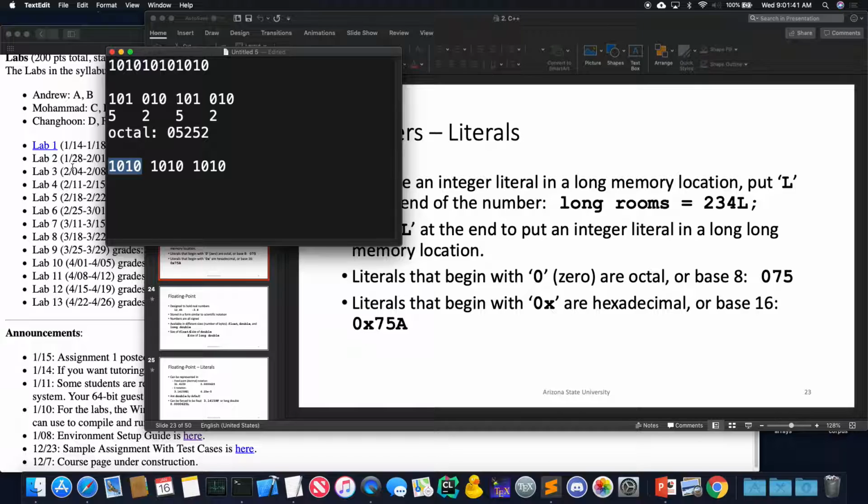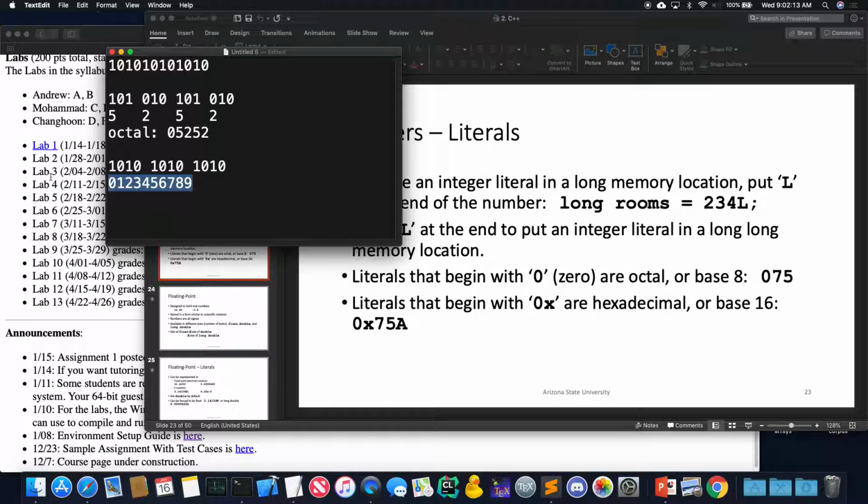Does anyone know how things are stored past 9 in hexadecimal? We want to store things like this in a single position, so how many possible values could be stored in a single hexadecimal digit? Well, we have 4 bits to work with. How many things can I store with 4 bits? 16. How many things have I written so far? 10.